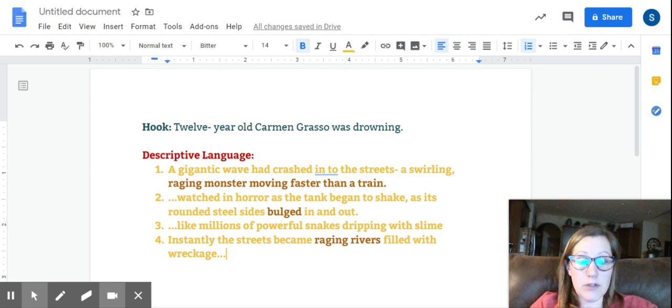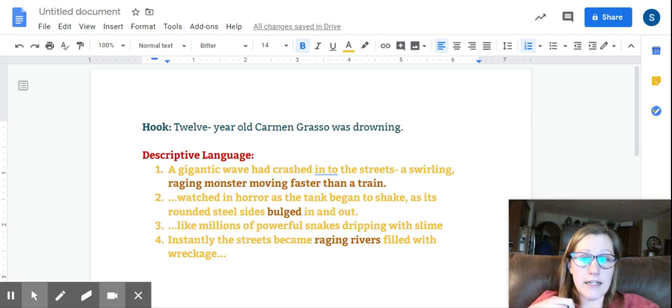The first example is, "A gigantic wave had crashed into the streets, a swirling, raging monster moving faster than a train." So this actually is what we would call figurative language. This in particular is a metaphor.